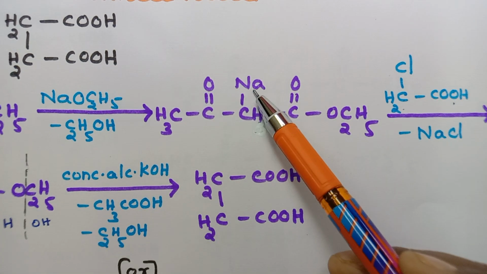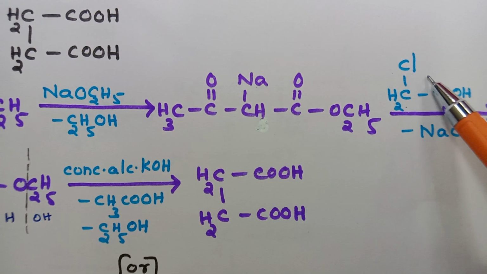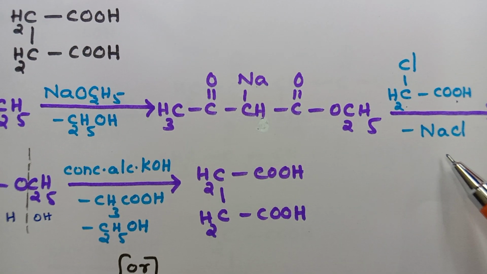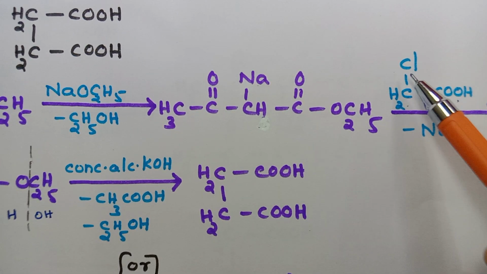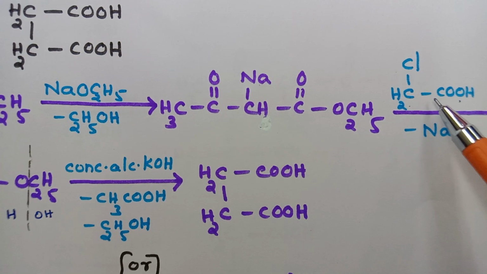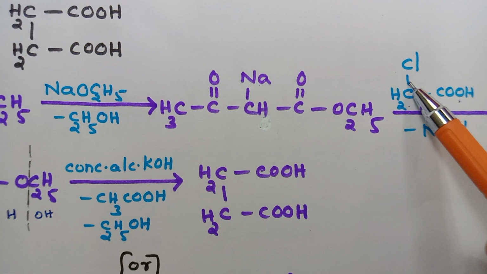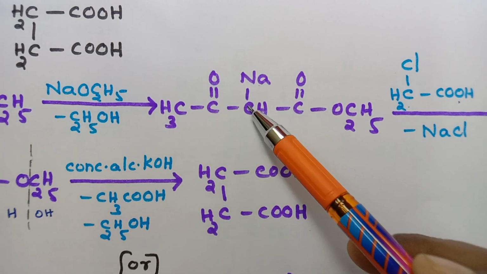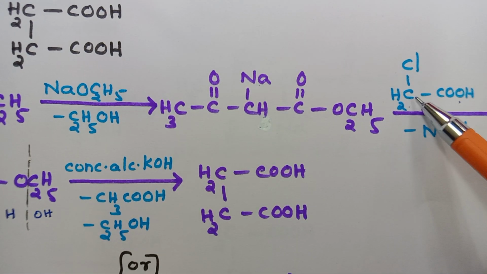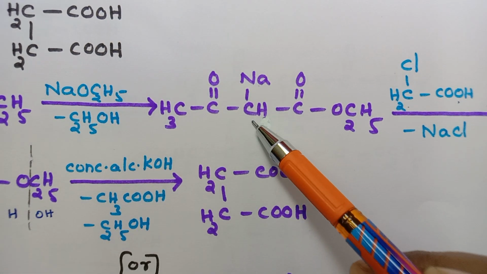So there is Na over here and Cl over here. Na and Cl will come out as NaCl, so write below the arrow minus NaCl. When Cl goes away from this compound, what remains is CH2COOH, and the bond is vacant now. So this carbon and that carbon will bind together, and this CH2COOH will come near this carbon.